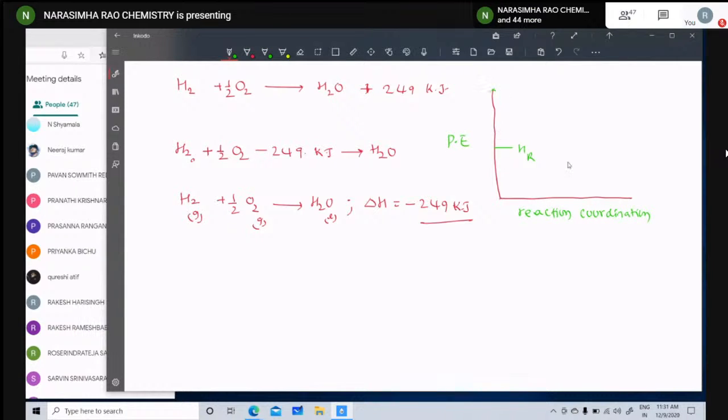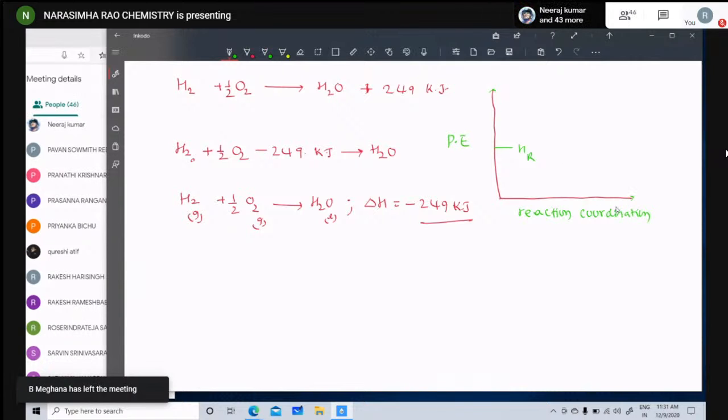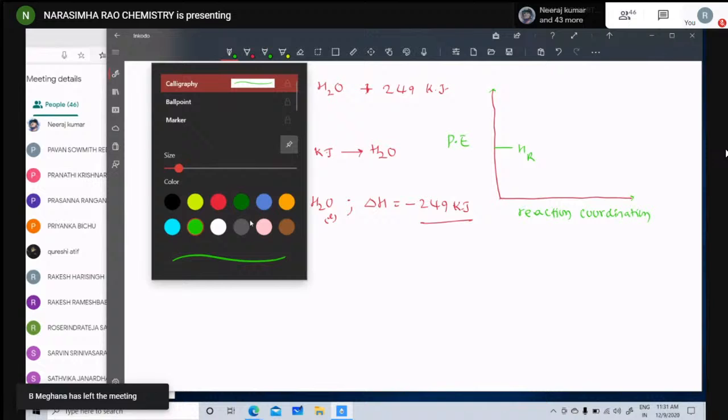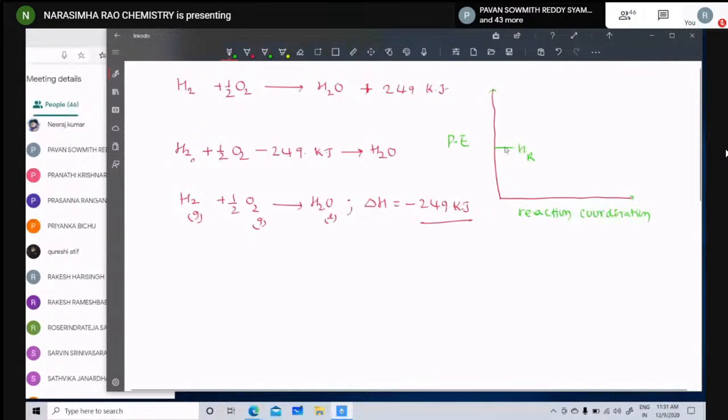Now, its energy increases, reaches the maximum, and is converted into product. This is the enthalpy of the product.